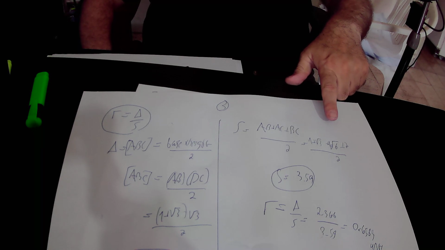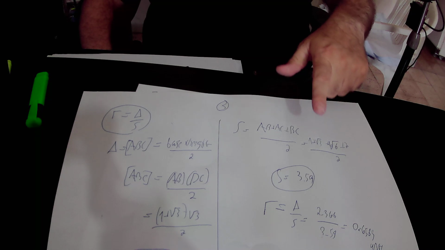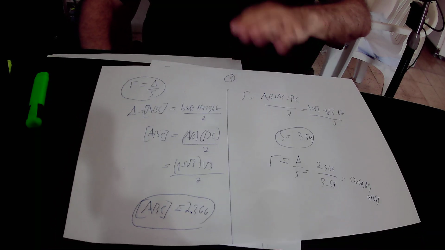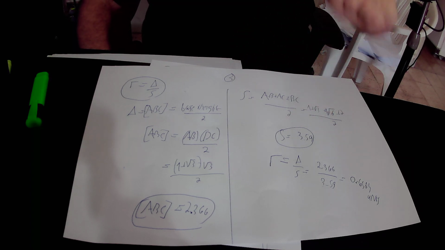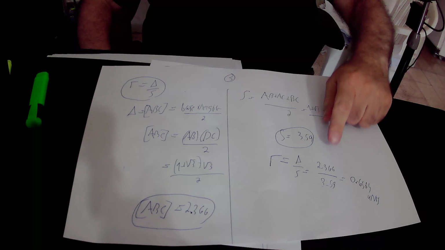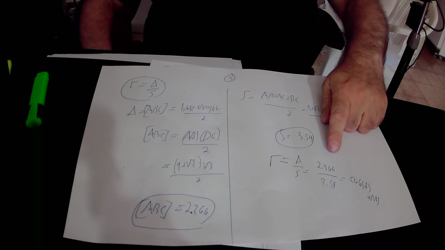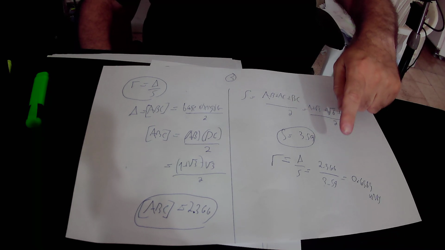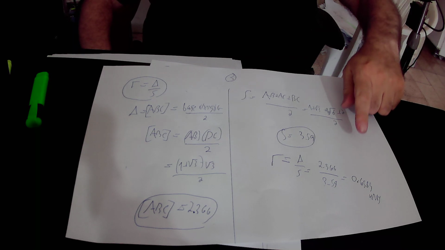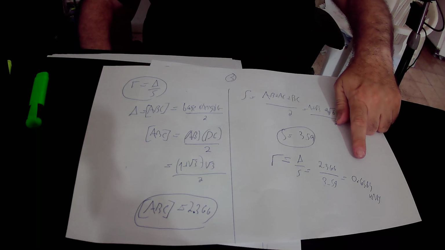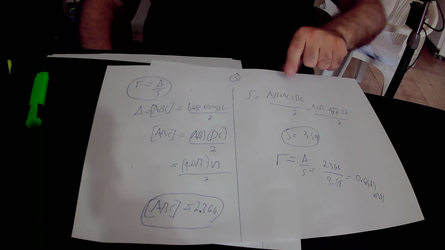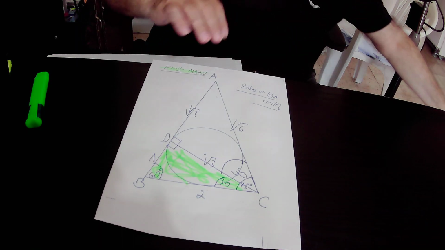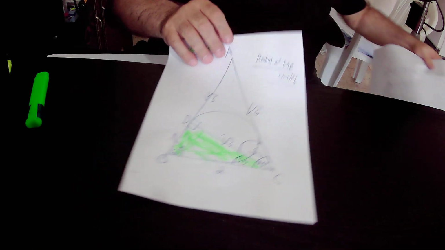If we divide by 2, we get that the value of this expression is 3.59, and R equals the area of triangle ABC over the semi-perimeter of triangle ABC. The area is 2.366, and the semi-perimeter is 3.59. So in conclusion, the radius of the circle that is described by triangle ABC is equal to 0.6589 units. We finished with the first method, then I presented to you the second method.